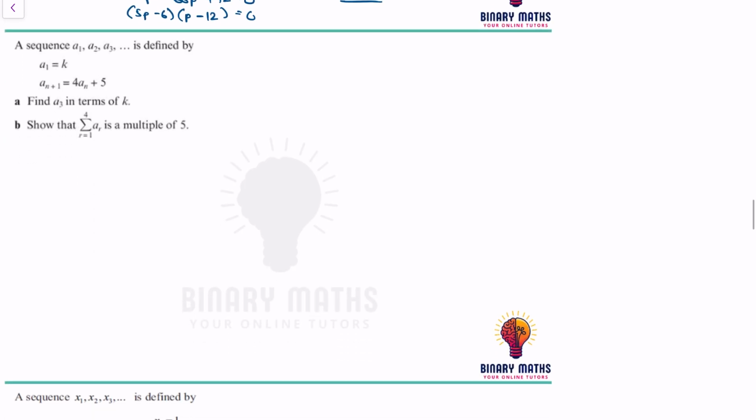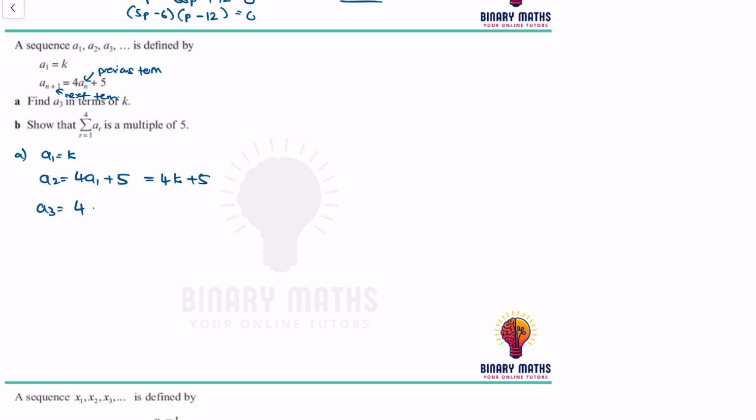A sequence A1, A2, A3 is defined by A1 is equal to K. To find the next term, it's 4 times the previous term plus 5. Find A3 in terms of K. So A2 will be equal to 4 times A1 plus 5, which is equal to 4K plus 5.